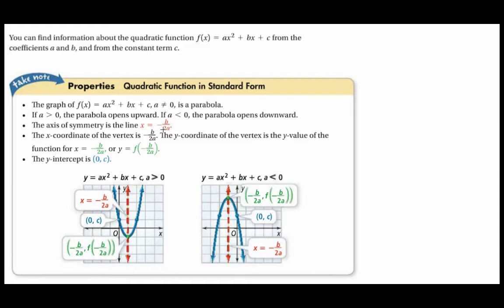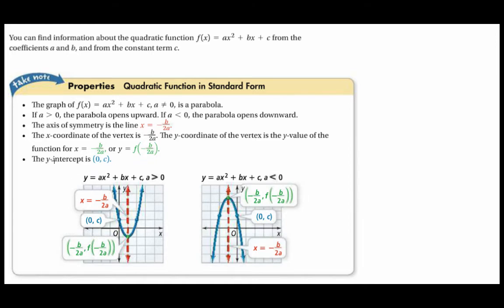So this is like a little formula for finding the x-coordinate and also the axis of symmetry. The y-coordinate of the vertex is the y value of the function for x equals negative b over 2a, or we can say y equals f of negative b over 2a. It's the value of the function at that x-coordinate of the vertex.